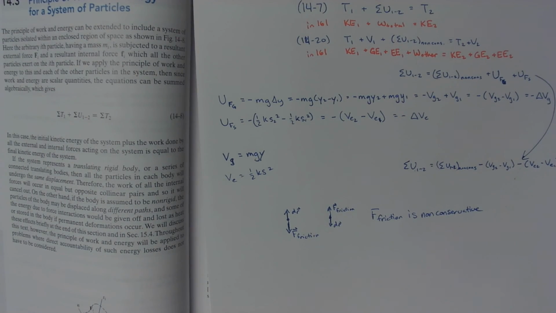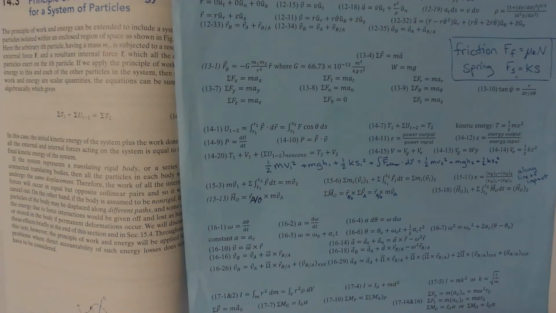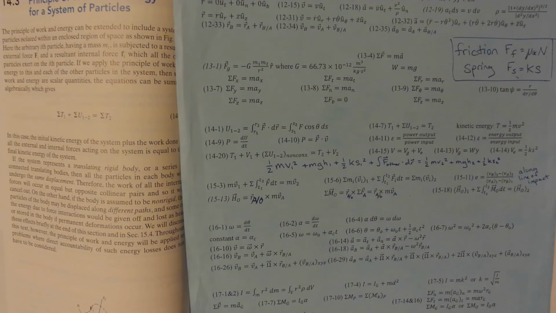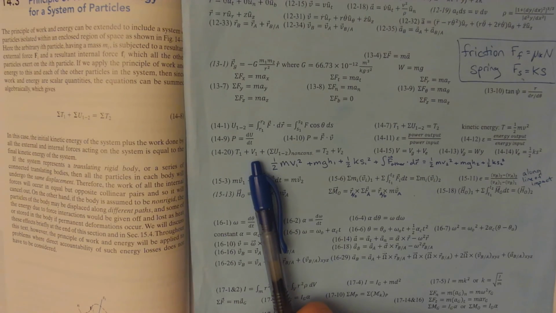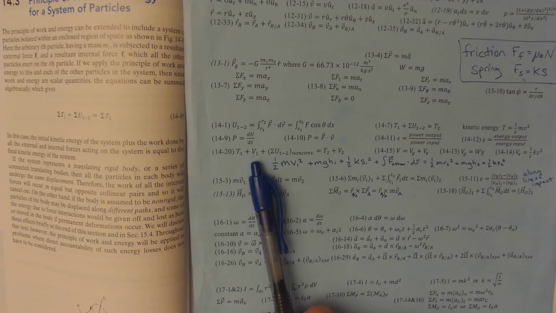And I should point out here that when you use this equation, equation 14.20, they say the work done by non-conservative forces, but unless you know what the associated potential energy is for that non-conservative force, you can't really write that in your equation as potential energy.